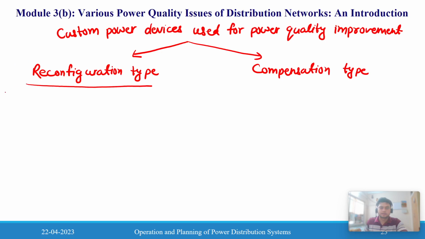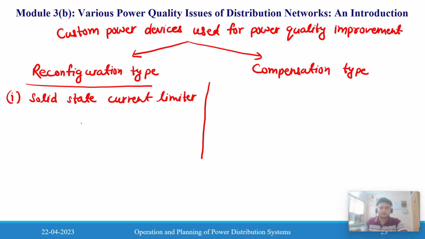Reconfiguration type examples are solid state current limiter, SSCL, solid state breaker, and solid state transfer switch.